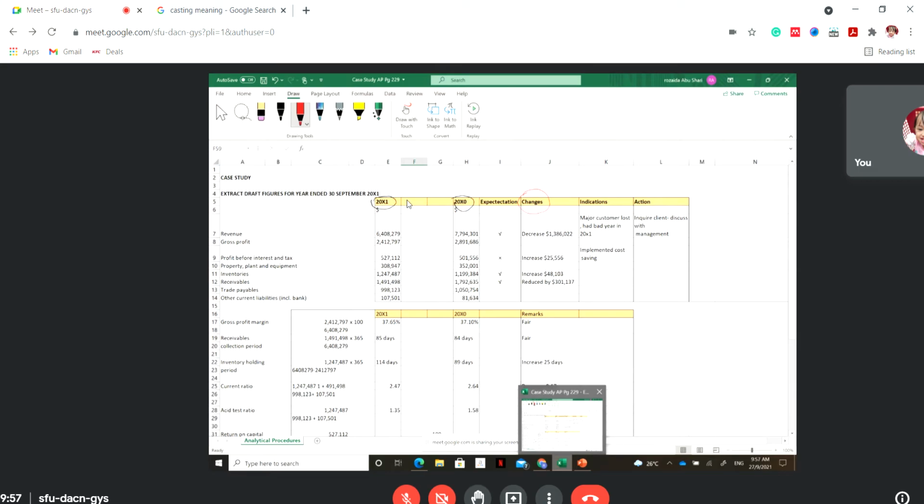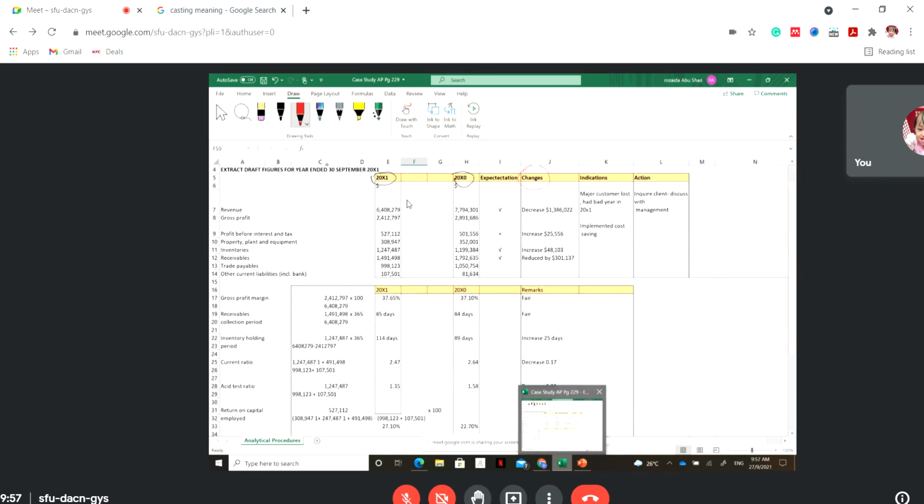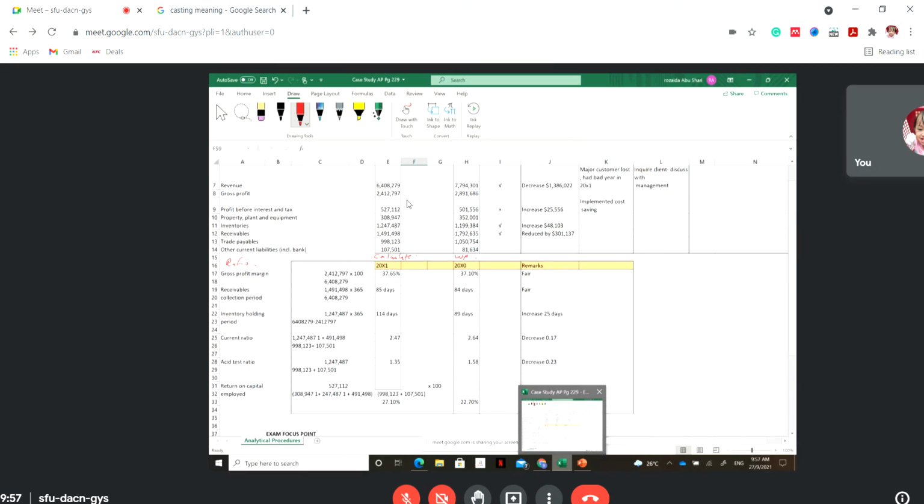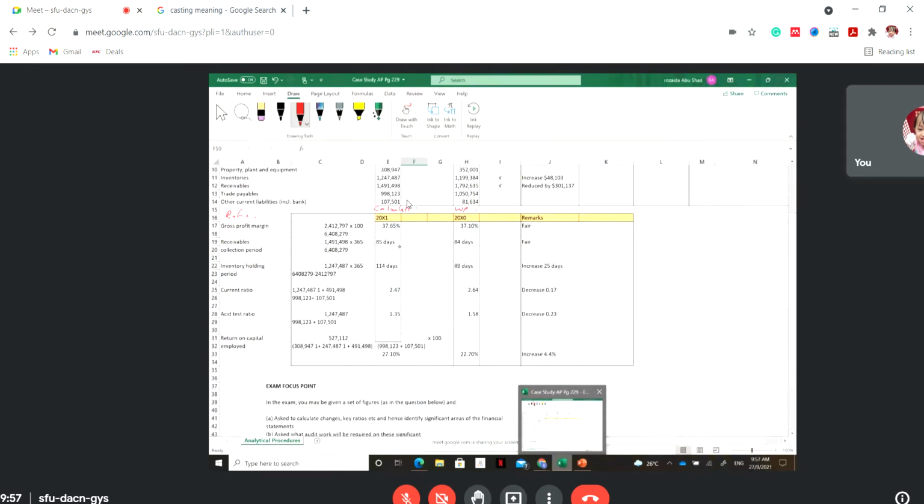You put all the information first, X1 and X0, then you put the information for the ratios that you calculated, from the current year and last year. This is from the working paper, and this is what you calculate. Then you put a remark. Remark means: is it fair or does it deviate?